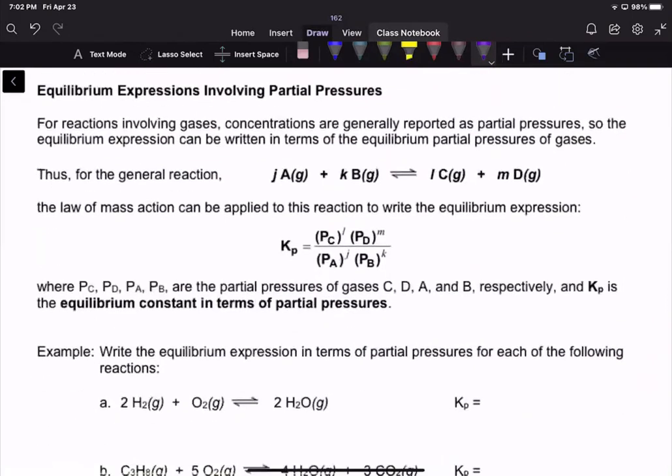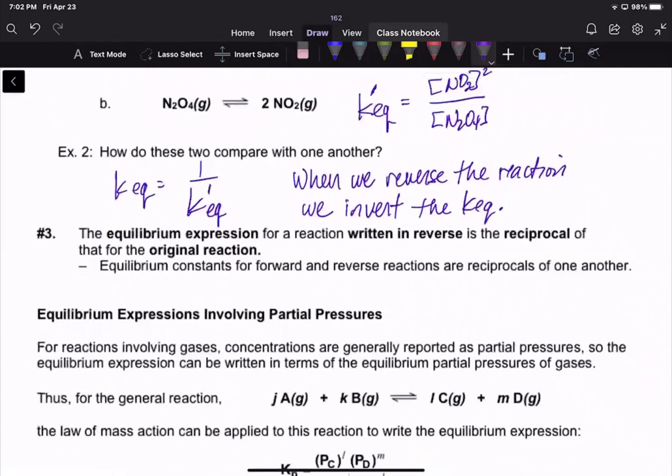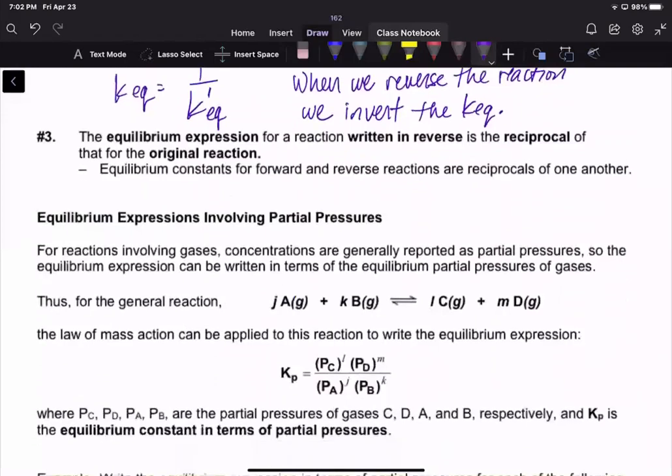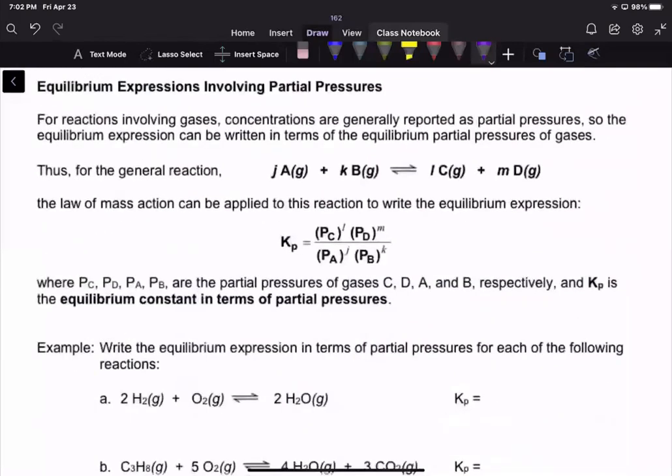Now some of those had pressures, and I used molarity, which is fine. You can talk about the molarity for a gas, but we can also represent moles for a gas in terms of the partial pressures. So if you have all gas phases, you might want to be working with Kp, the partial pressures of those gases.